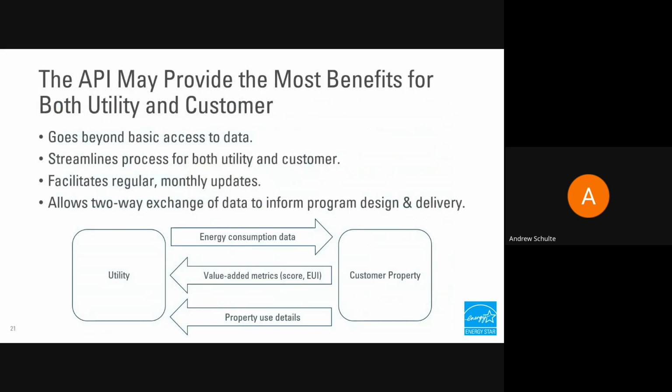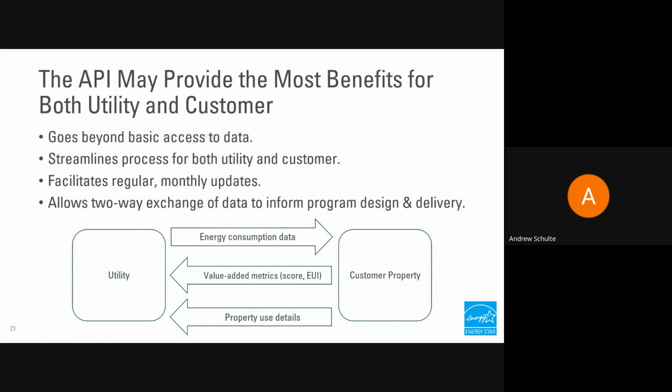I mentioned earlier that we had some thoughts about whether the API or the spreadsheet was the preferred pathway. Certainly it's going to come down to whether the utility, based on its size, has the choice of using the API versus using the spreadsheet. And if it has the opportunity to use the spreadsheet, you'll need to consider whether the added effort needed to build out an API solution is something that you want to take on.